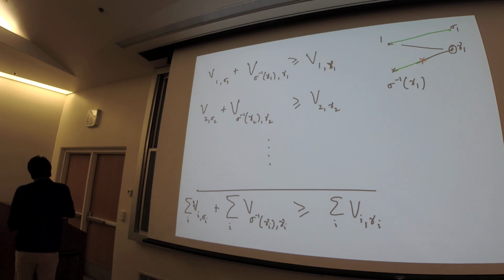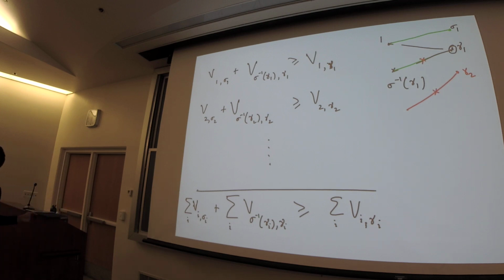Then I look at gamma 2 and I add the green edge going out of gamma 2, and so on, over all gamma 1 through gamma n. But that's the same as adding the weight of all the green edges, because every green edge shows up exactly once.